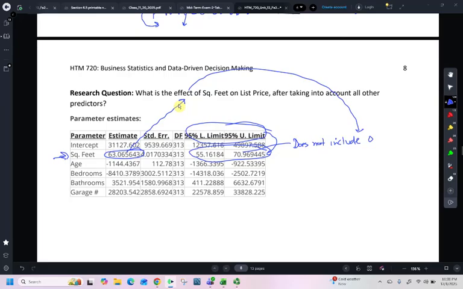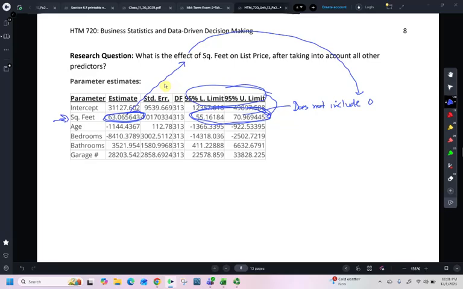If the effect cannot be zero, it's another way of saying the effect cannot be nothing. The effect is something, or statistically significant. So this range here, the confidence interval for the estimate of the effect of the square feet on the list price, is very useful in this case. Okay, so that answers that question.